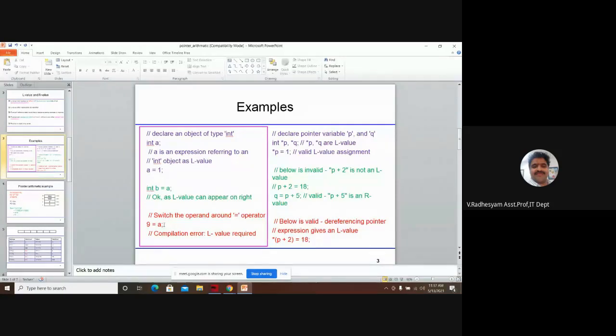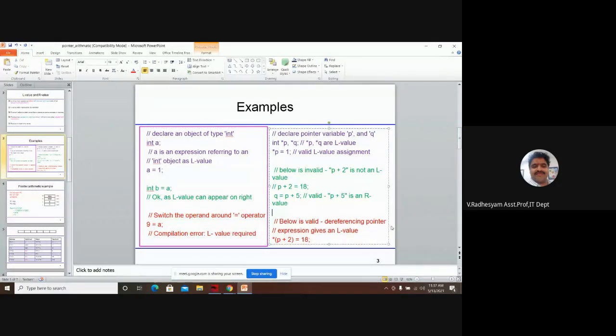But if you consider 9 is equal to a, then an error will appear, a compilation error: L value required. Because 9 is a constant, read-only value, which cannot be placed on the left side, only on the right side.